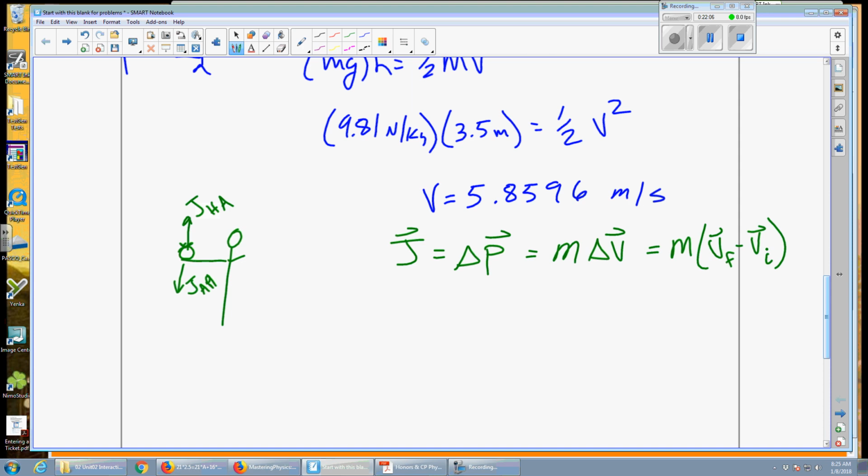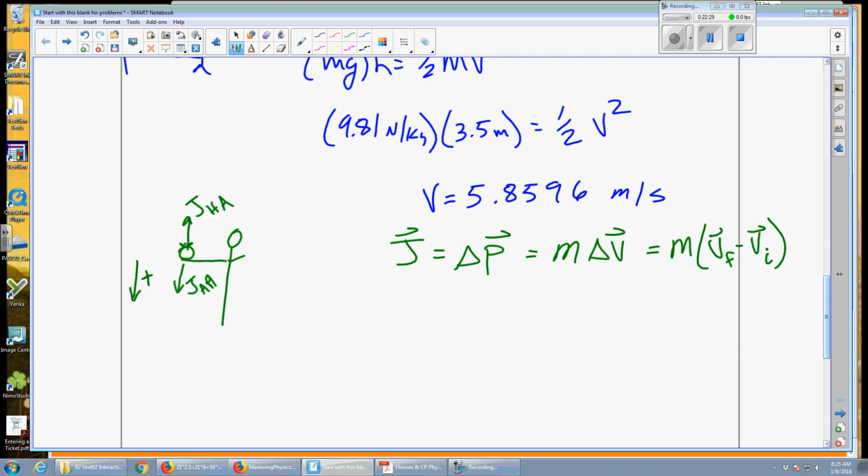To make my life easy, I'm going to call down positive. Because remember, energy is just a scalar, so we don't have to worry about direction, that's why it's speed and height and things like that. But our momentum is a vector here.